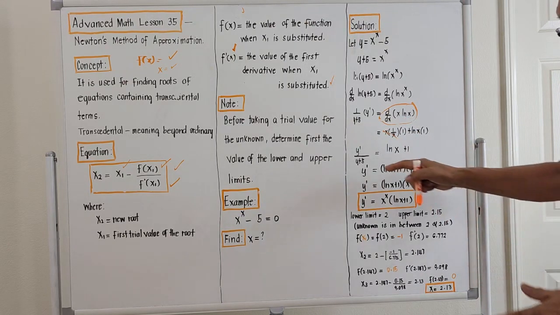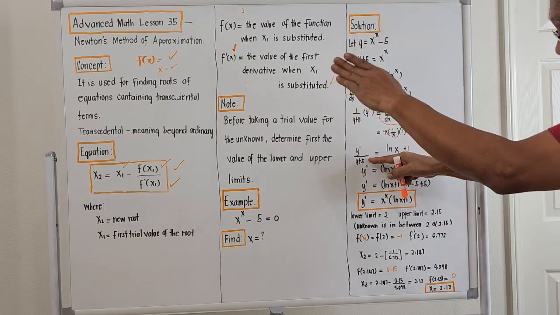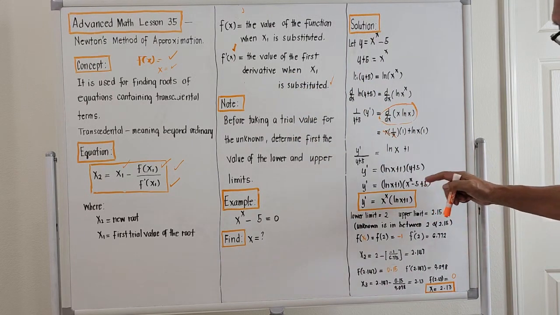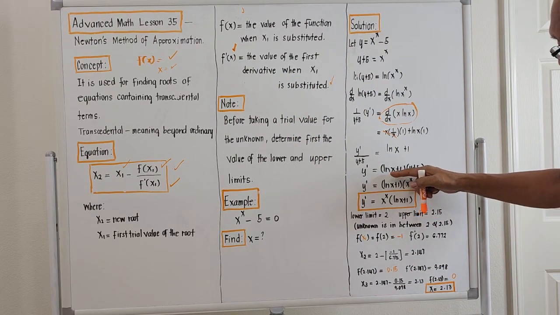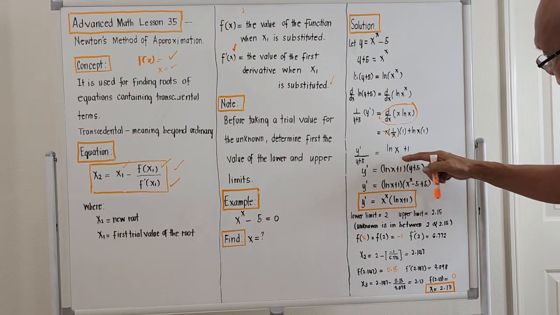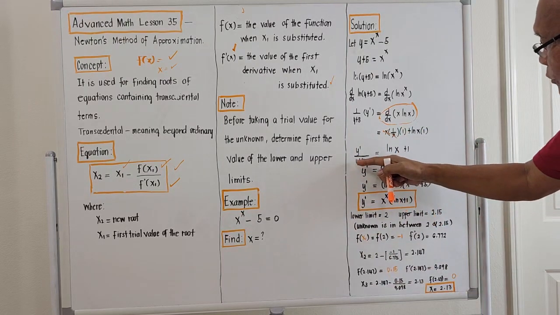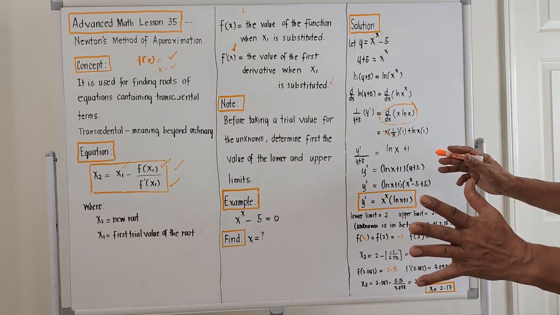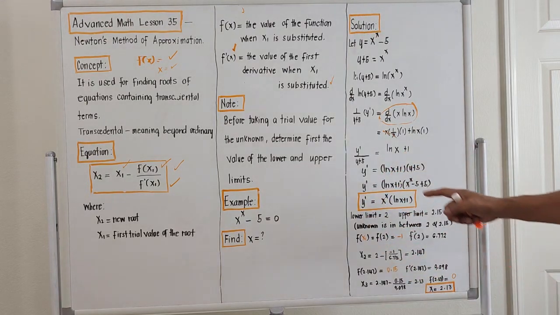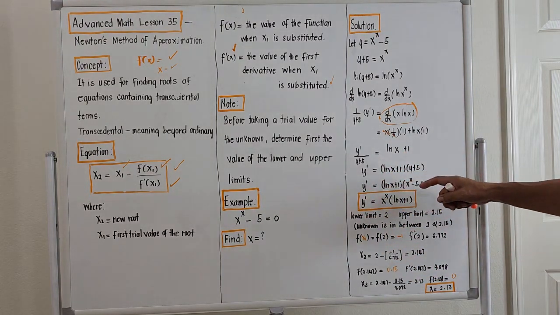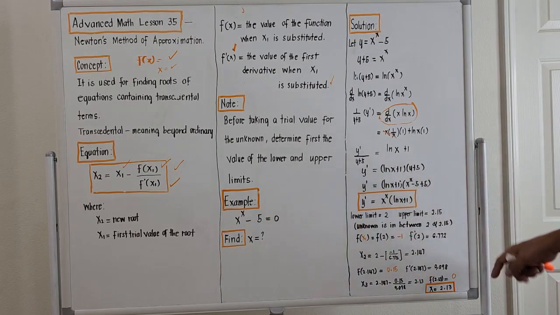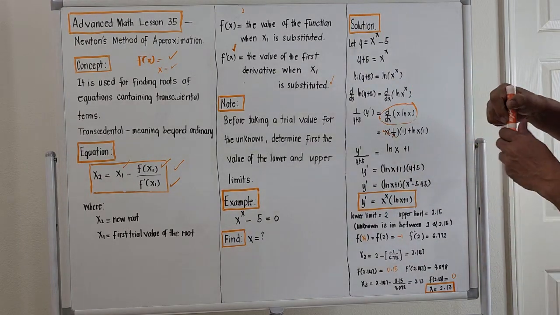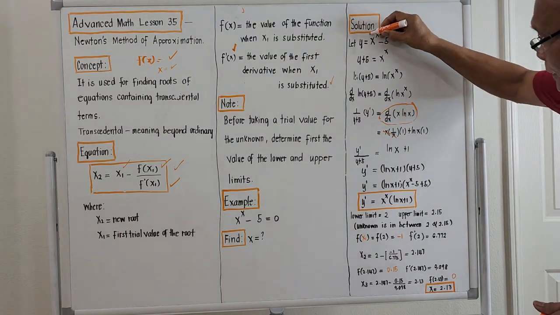So computing for y prime, that f prime over there, it should be the natural logarithm of x plus 1 times, we put this one on the right, the quantity y plus 5. Or y prime now will be the natural logarithm of x plus 1 times the quantity, what is y? y is actually x to the x minus 5.